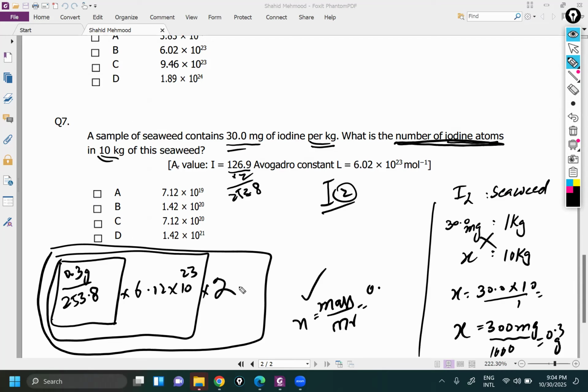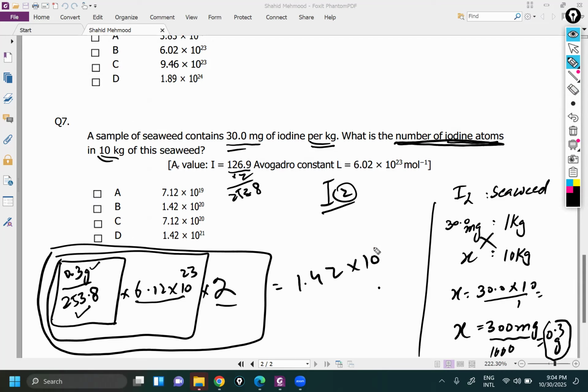So my dear student, when you calculate the 300 milligram or 0.3 gram of iodine in the given seaweed, by directly using the calculator, 0.3 divided by its Mr 253.8 times Avogadro's number times 2, you will get the right answer. The right answer is 1.42 times 10 raised to the power 21, and the correct option is option D.